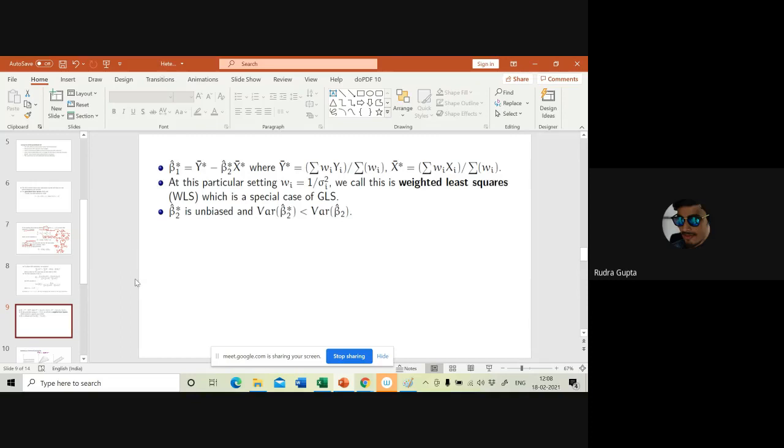Now, considering a different weight, I'll show you the variance of weighted least square estimator is less than that of beta 2 hat. This particular setup you will complete. However, I am doing it in a different context.